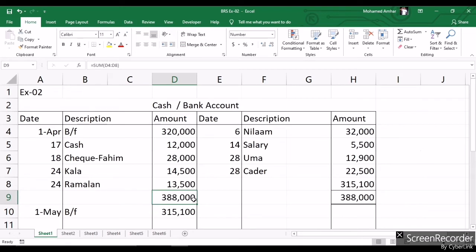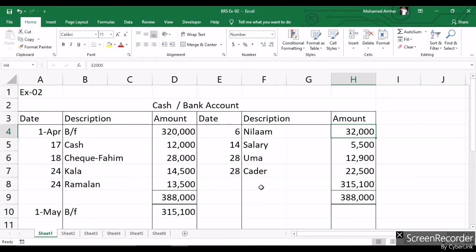388,000 balance would be on the debit side, and from this deposit, this much of amounts we gave.